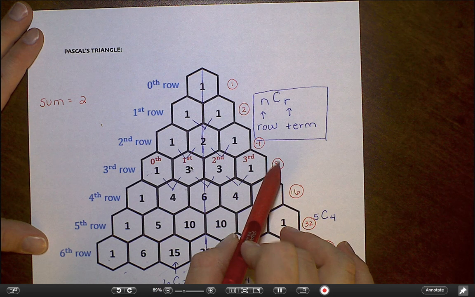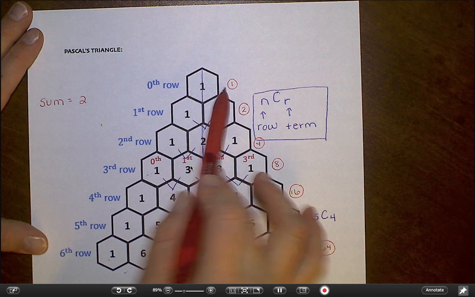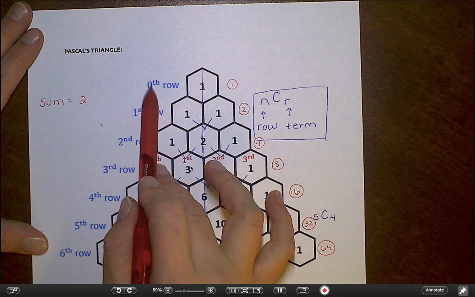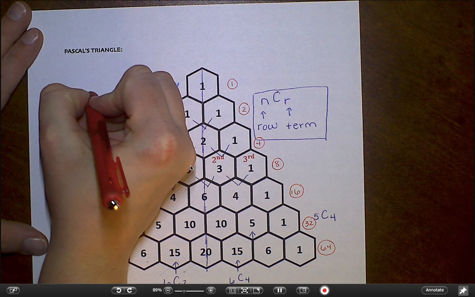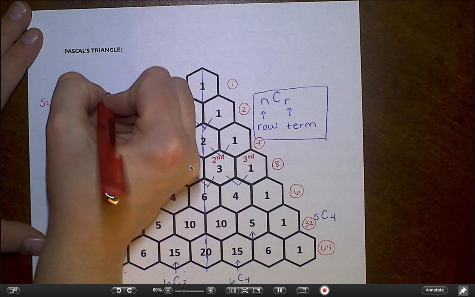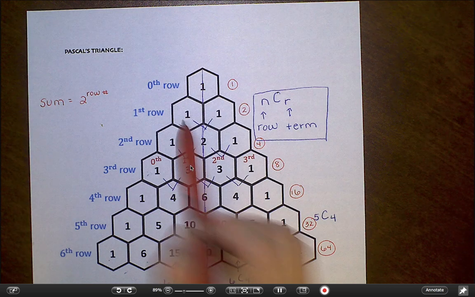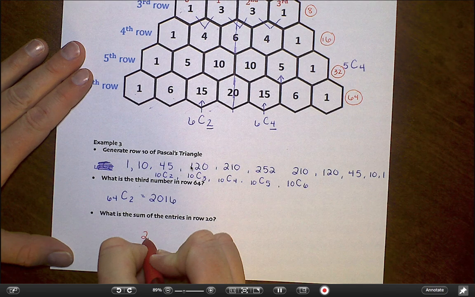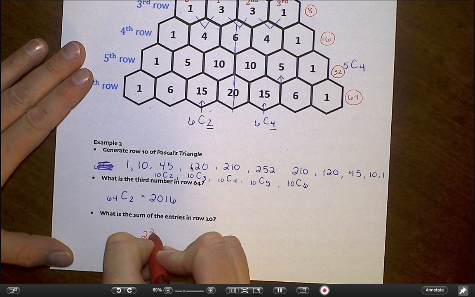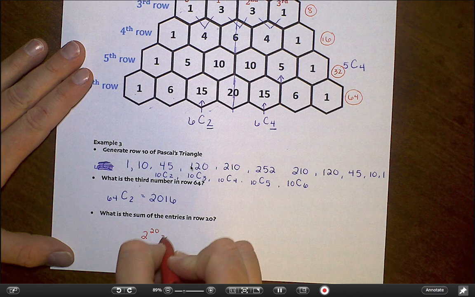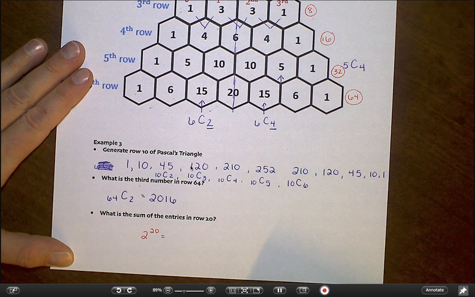And what you should be coming up with is 2 to the power of the row number will always give you the sum of the terms in that row. So if I want the sum of the entries in row 20, that would be 2 to the power of 20. I can go ahead and actually figure that out. 2 to the power of 20 is a really big number.